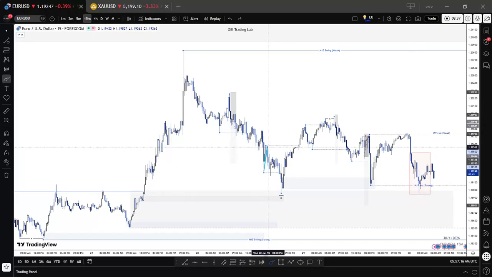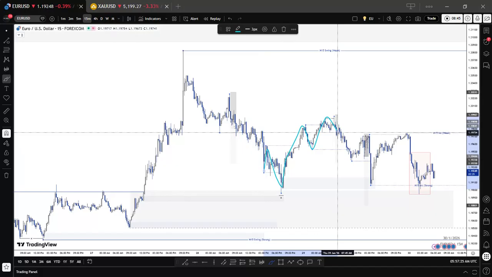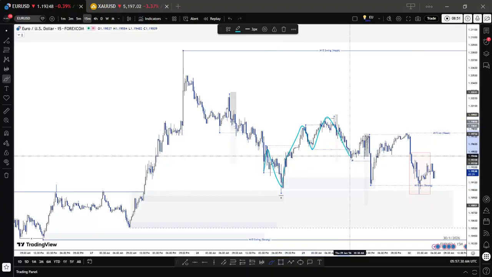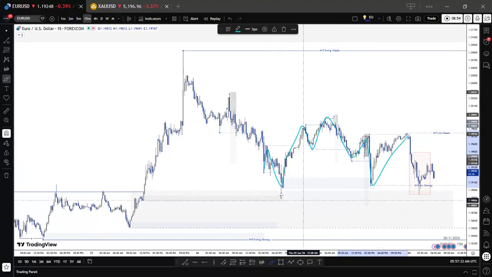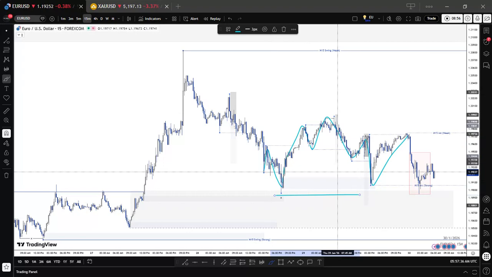formation for price to form the 4-hour internal leg, like an internal pullback. Then once it shifted bearish, we are now targeting the 4-hour internal low. It's like price is now forming the 4-hour internal structure. Let me draw it here so you all can understand.